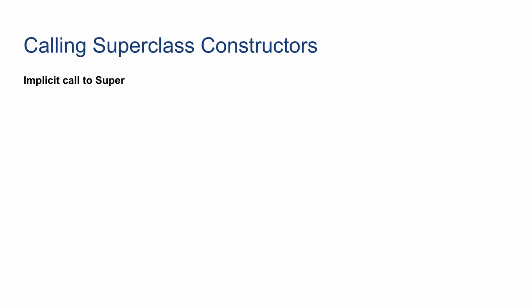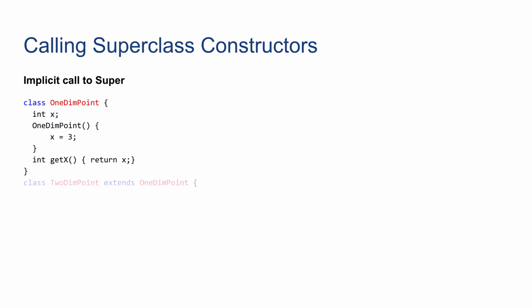So we have an implicit call to super where we have a OneDimPoint that has an integer x and a OneDimPoint constructor which sets x to 3. And notice that this constructor is a no argument constructor. Then we have a method getX that will return x, which is condensed to one line.